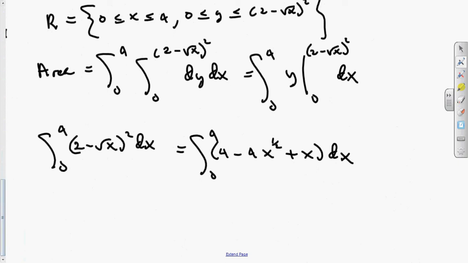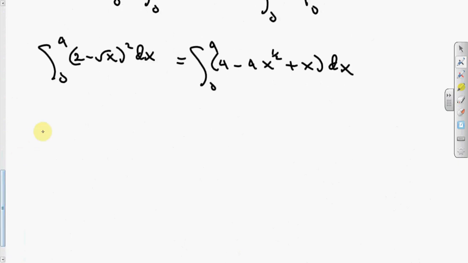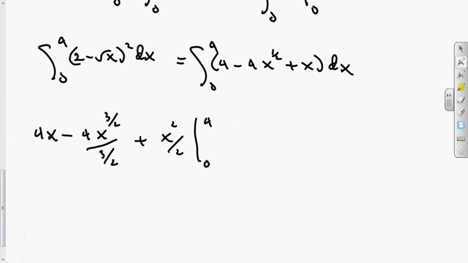So now we integrate. We get 4x minus 4 times x to the 1/2 plus 1, that's the 3/2 power, divided by 3/2, plus x squared over 2. So we simplify that. This is 4x minus 8/3 times x to the 3/2 power plus x squared over 2. Evaluate those x's from 0 to 4.